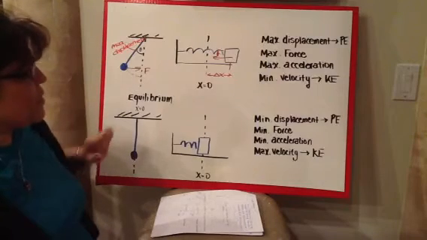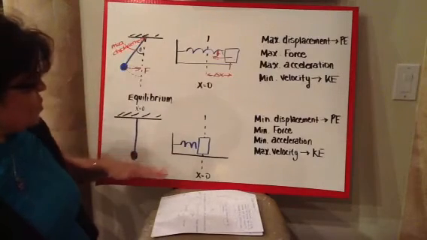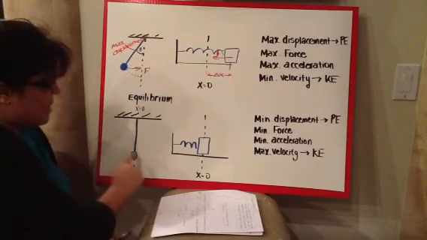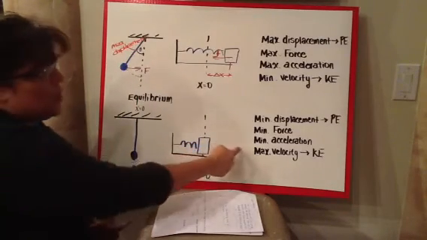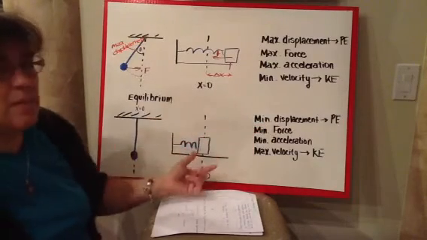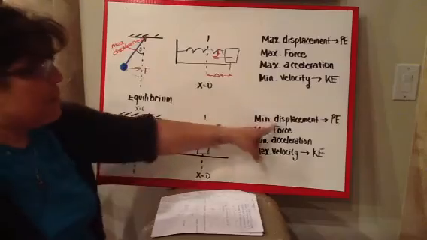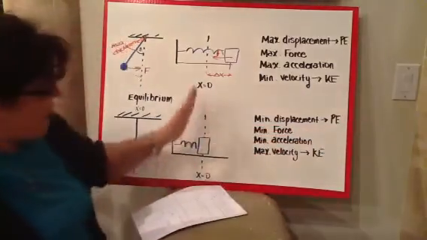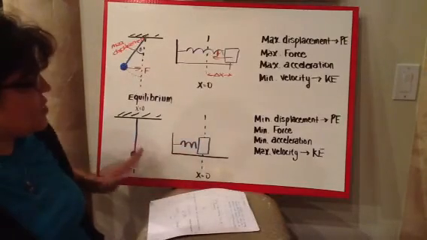Now let's look at the same two situations when they're at equilibrium. So now the pendulum swings back down into equilibrium. The spring now springs back into equilibrium. So we have a minimum or zero displacement. Therefore, our potential energy is also minimal or zero. So at equilibrium, the potential energy is zero.